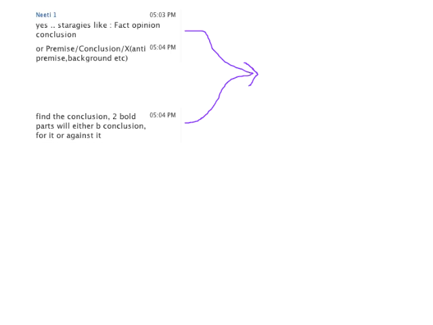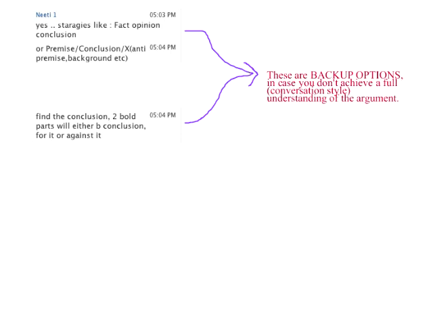You should think of these as backups, in case you don't achieve a full, conversation style understanding of the argument.